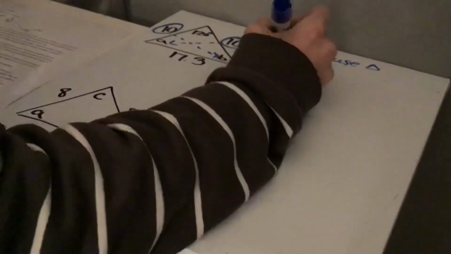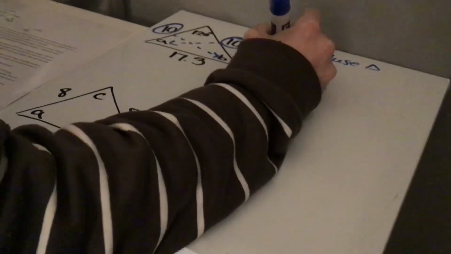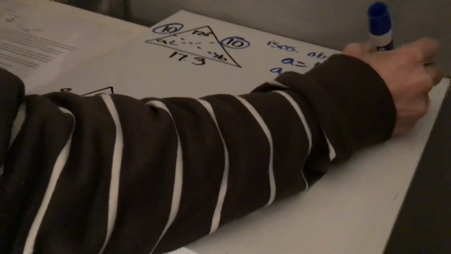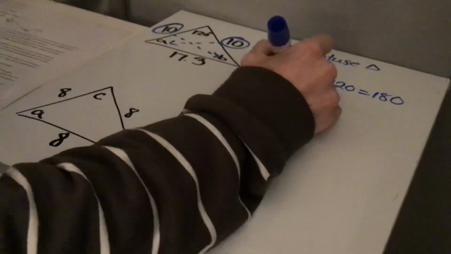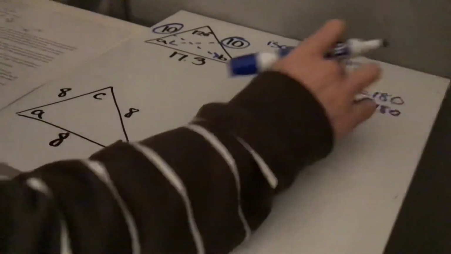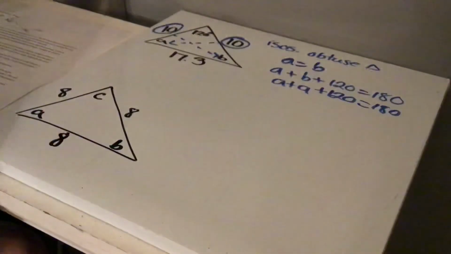Okay? We also know that these three angles have to add up to 300 or 180, sorry. So A plus B plus 120 has to equal 180. These are the same, so we can say 2A plus 120 equals 180. This is true for all triangles. They all add up to 180.